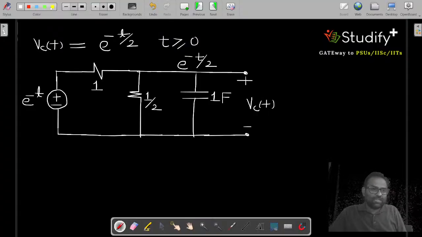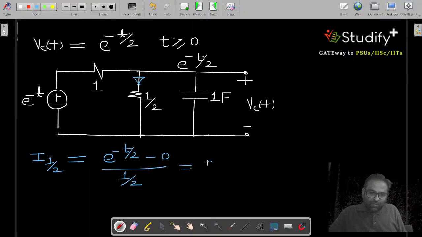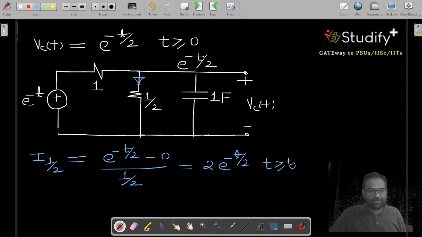If we are interested in the current in the circuit, the current in half ohm resistance is given by e to the power minus of t by 2 minus 0, divided by 1 by 2. So this current is 2 into e to the power minus of t by 2 for t greater than or equal to 0.